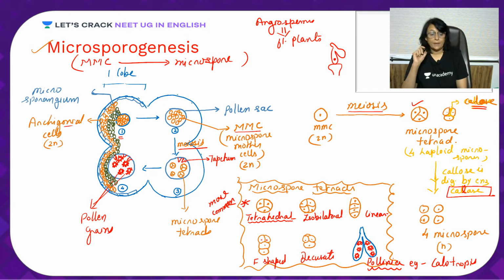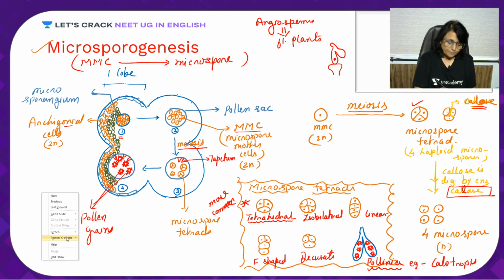Okay, now when the anther is young, all 4 layers are as it is: the epidermis, the endothecium, the middle layer and the tapetum. Now as anther matures, the endothecial layer turns into fibers or becomes fibrous.